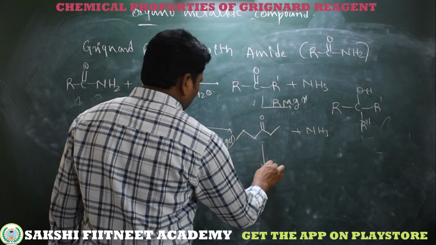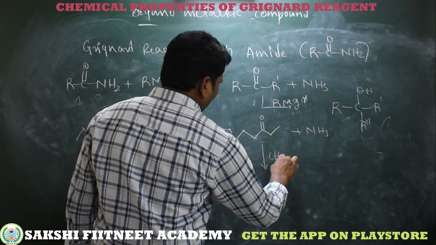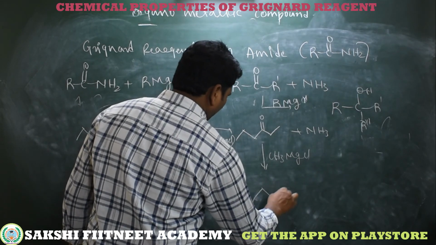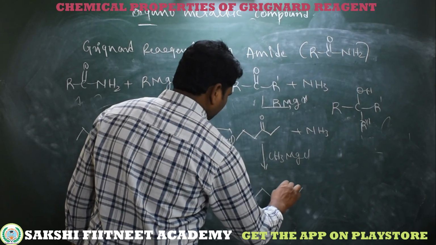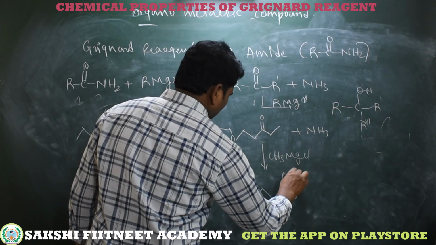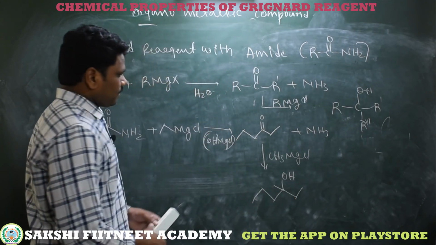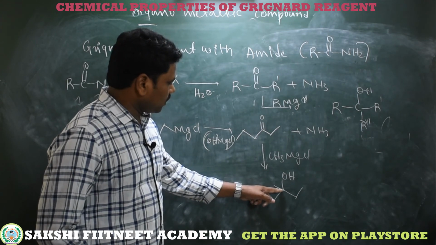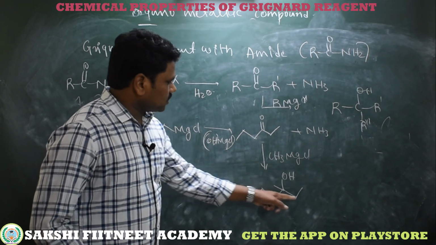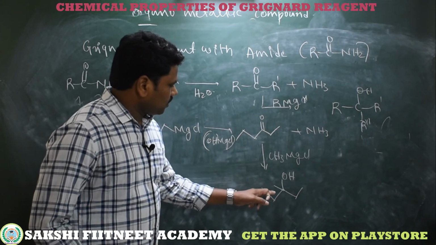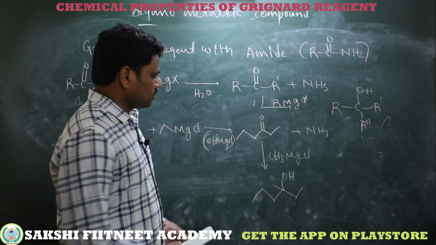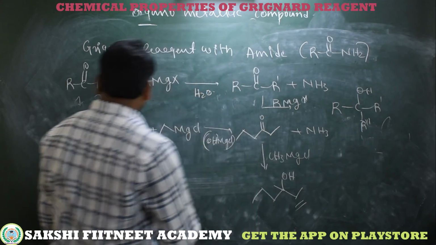So to this ketone here I am taking methyl Grignard reagent. So we will get a product like this. See here 1 2 3 4, 1 2 3 4, the fourth position carbonyl converts into alcohol. This is the previous Grignard reagent fragment. This is the newly added Grignard reagent fragment from this methyl. So this is the product from this amide.